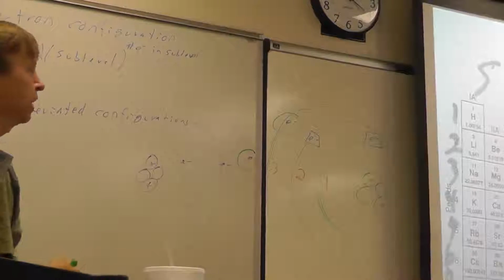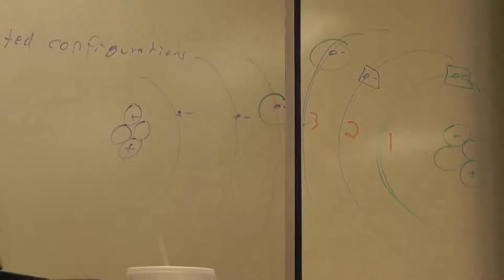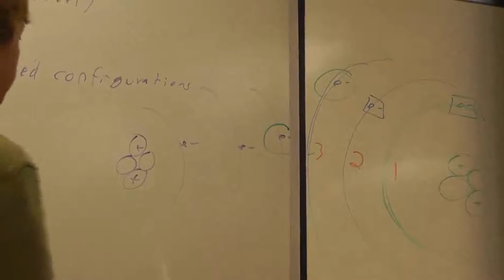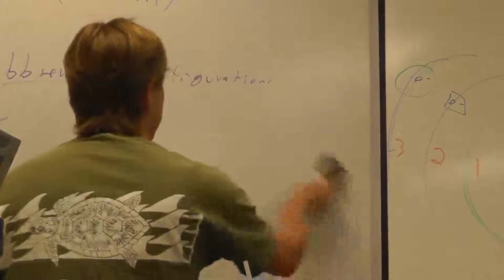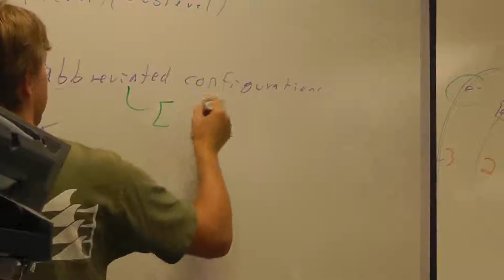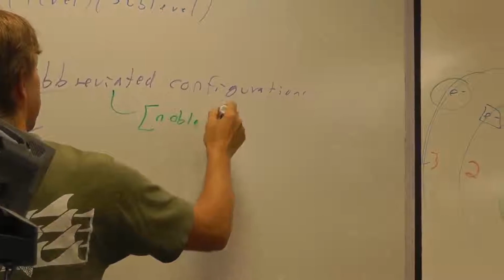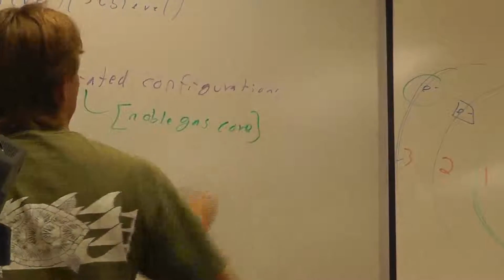Those are interior layers, and therefore they're unreactive. So the key to doing these abbreviated configurations is by abbreviating in brackets what's considered a noble gas core.